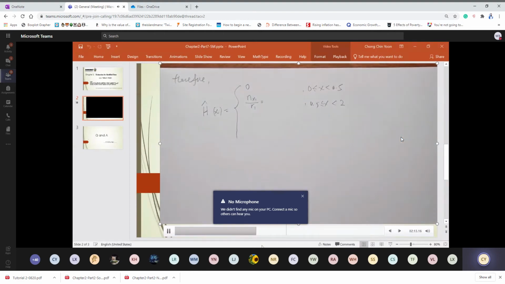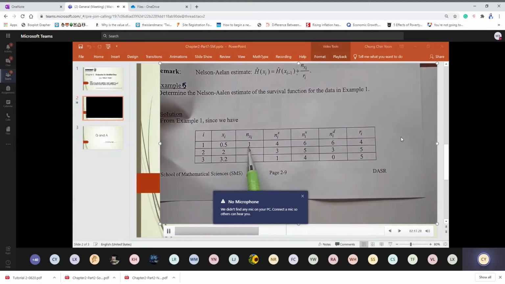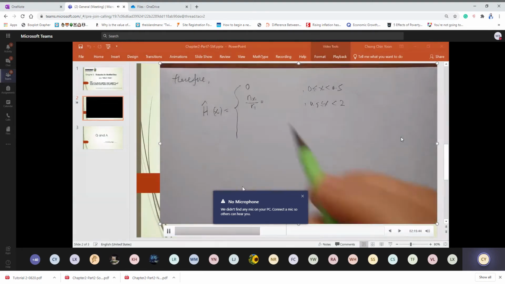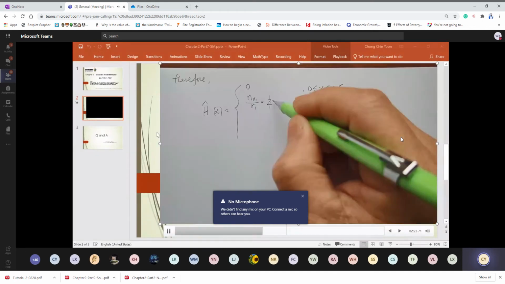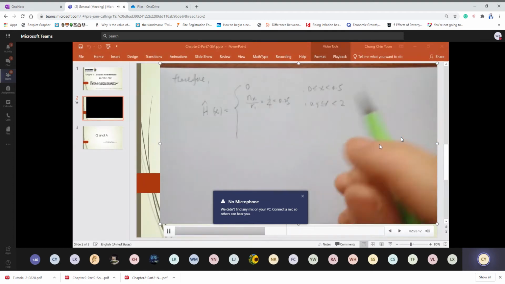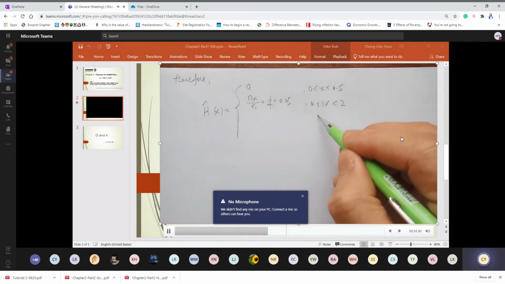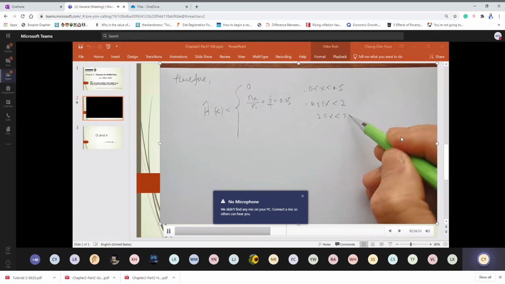So from the table we have our n_x1 is 1 divided by R1, which is 1 over 4, which is equal to 0.25. So for the next range, that is from 2 to 3.2.